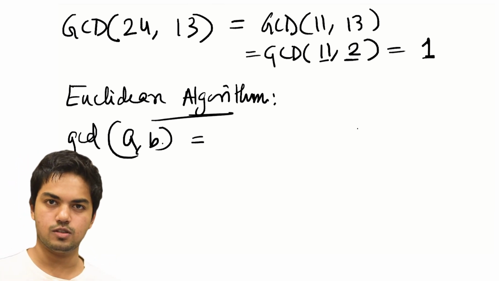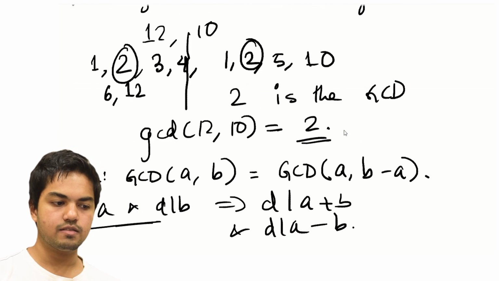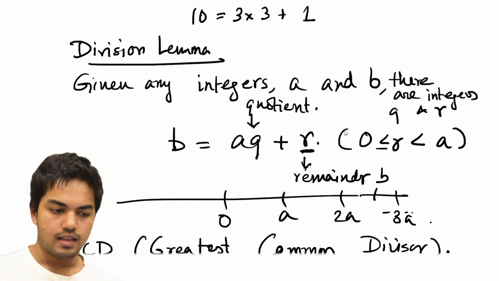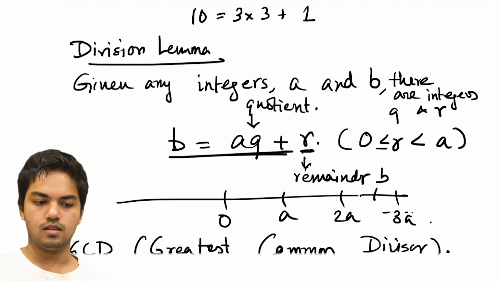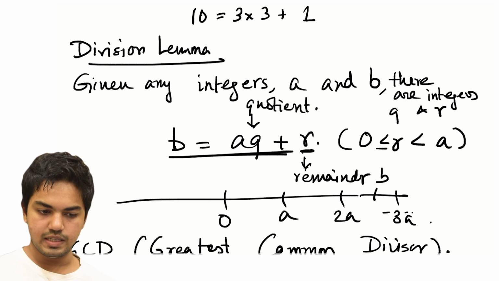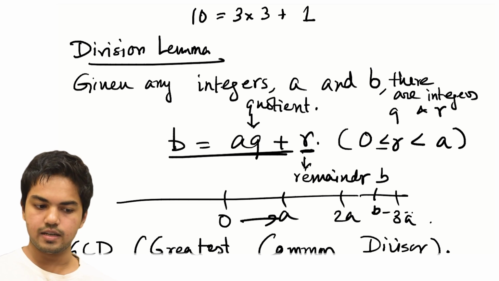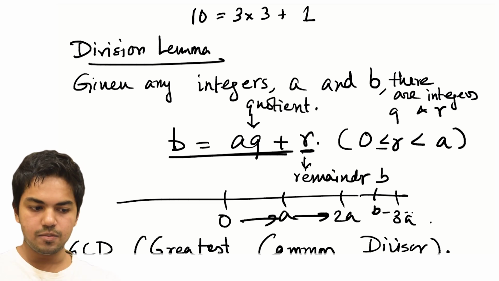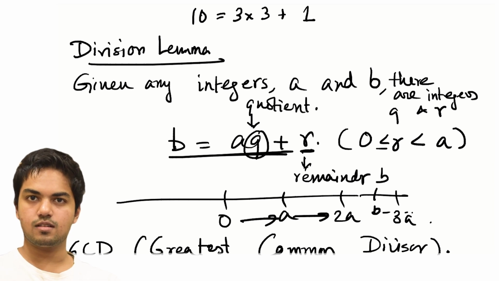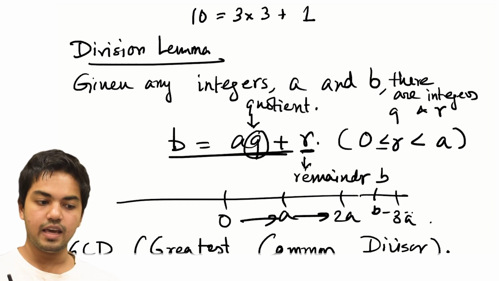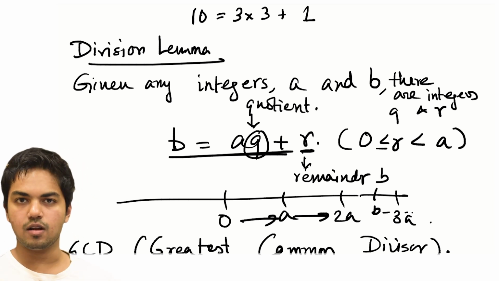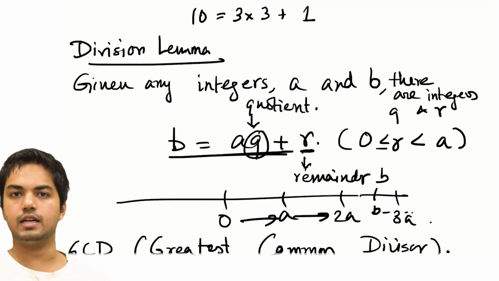How many times can we do this? If you look at the division algorithm, it gives us that exact answer. If B is here, how many times can you subtract A from it? Right up until this Q. So if you take away A from B Q times, you're left with a number that's less than A, and you can no longer take A away.